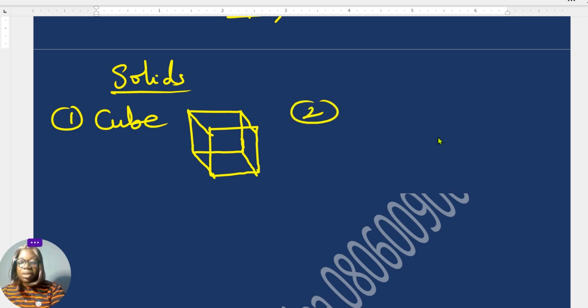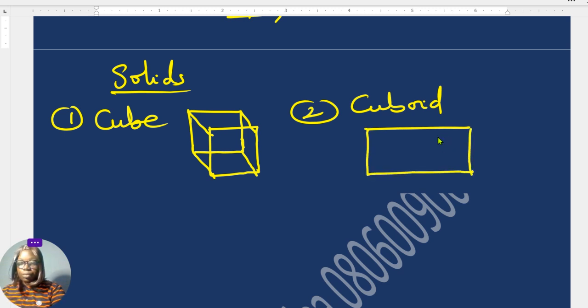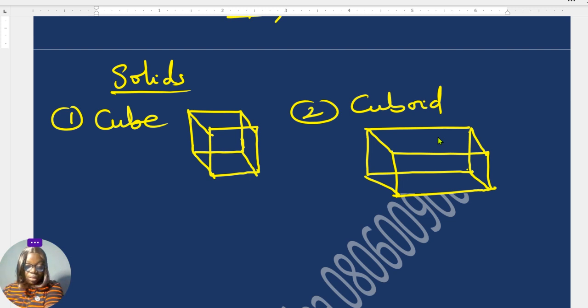Another example of solid is cuboid. You can observe the way I am drawing these solids. So this is a cuboid.